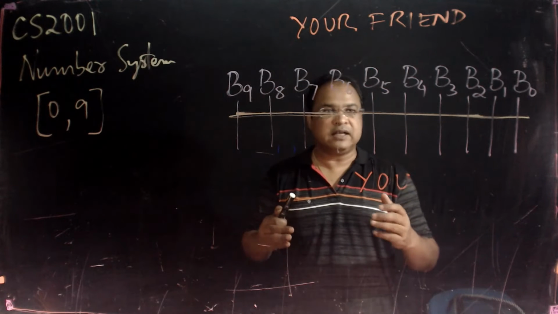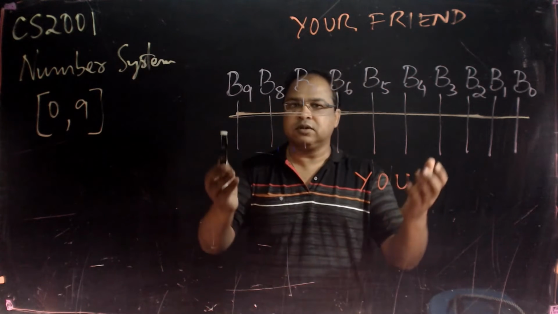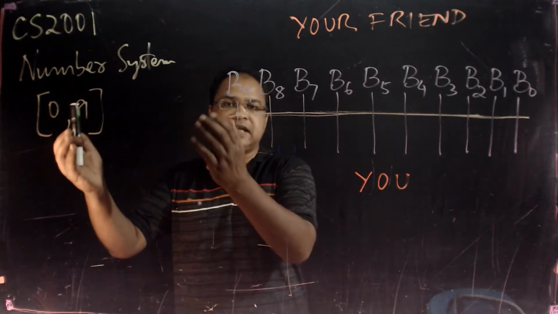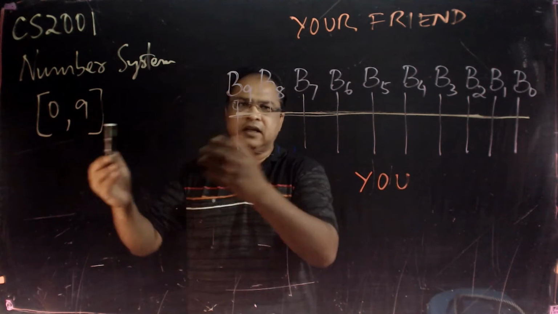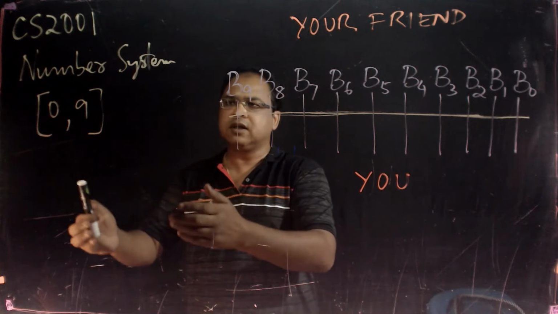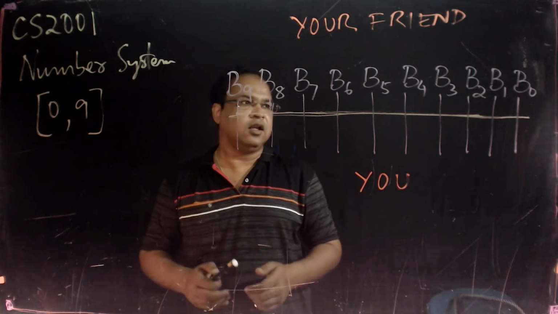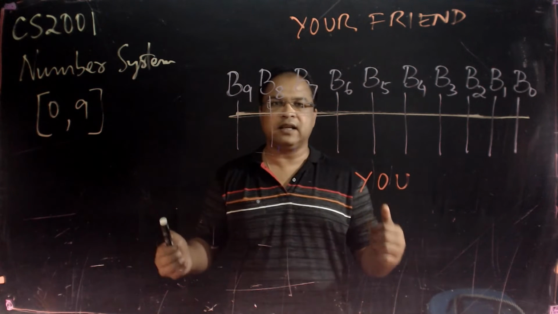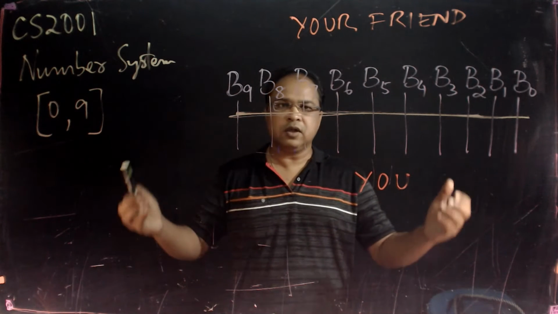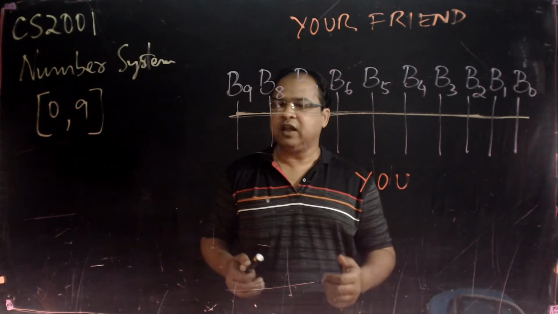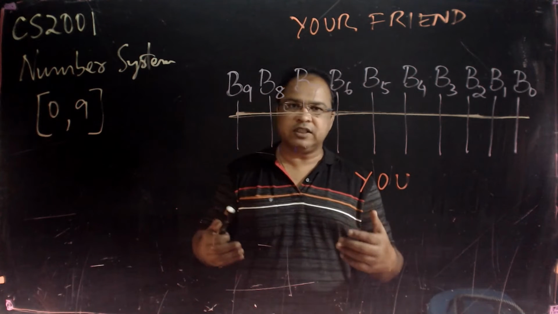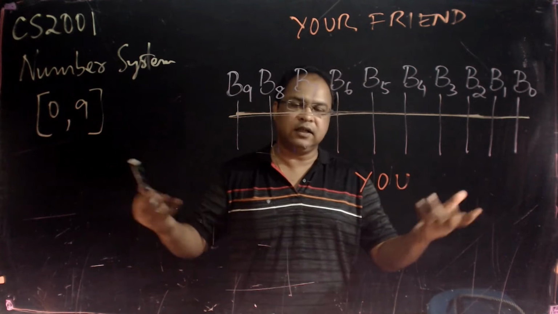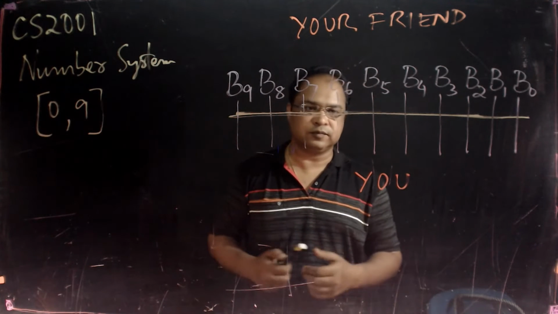So what additional things do you need to do? You need to put another set of 10 bulbs and 10 additional wires. So in order to communicate numbers ranging from 0 to 99, you require 20 bulbs, 20 wires. In order to communicate numbers ranging from 0 to 999, you require 30 bulbs and 30 wires, and so forth.